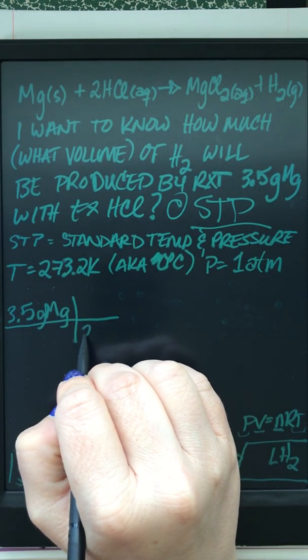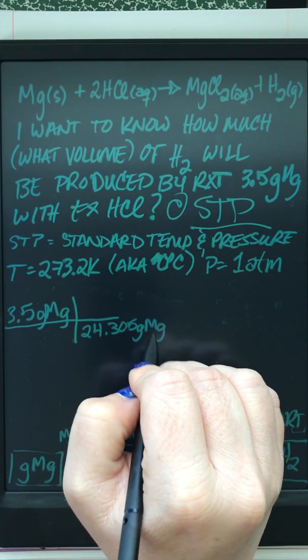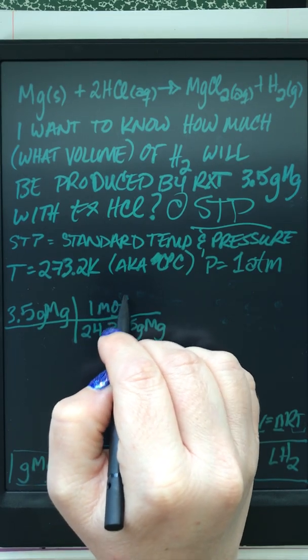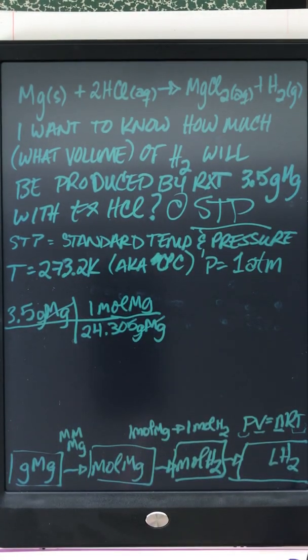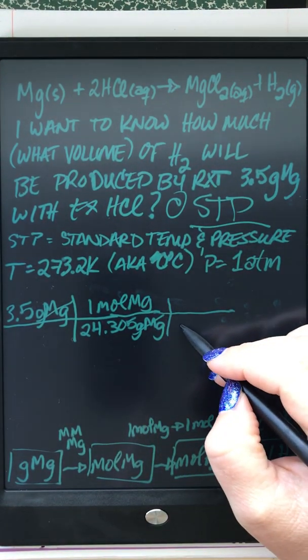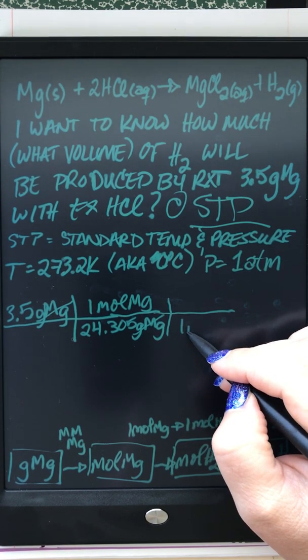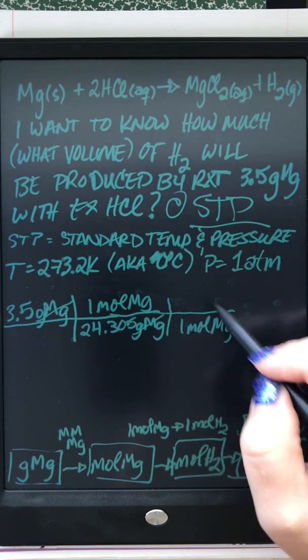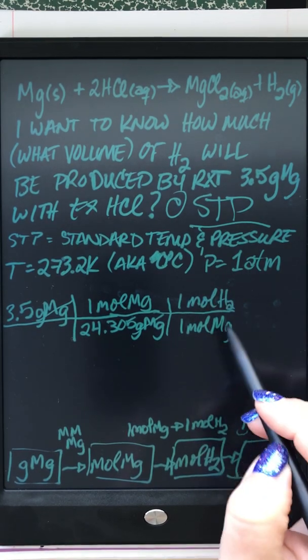So looking at the periodic table, we have 24.305 grams of magnesium for every 1 mole of magnesium. What should I put next? The molar ratio. Yeah. So what do I want on bottom? 1 mole of magnesium goes on the bottom, and 1 mole of hydrogen gas up top.